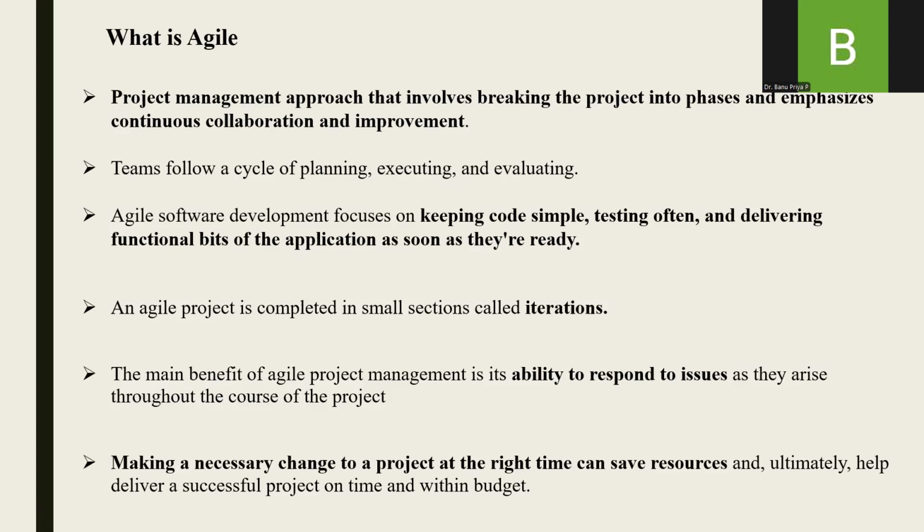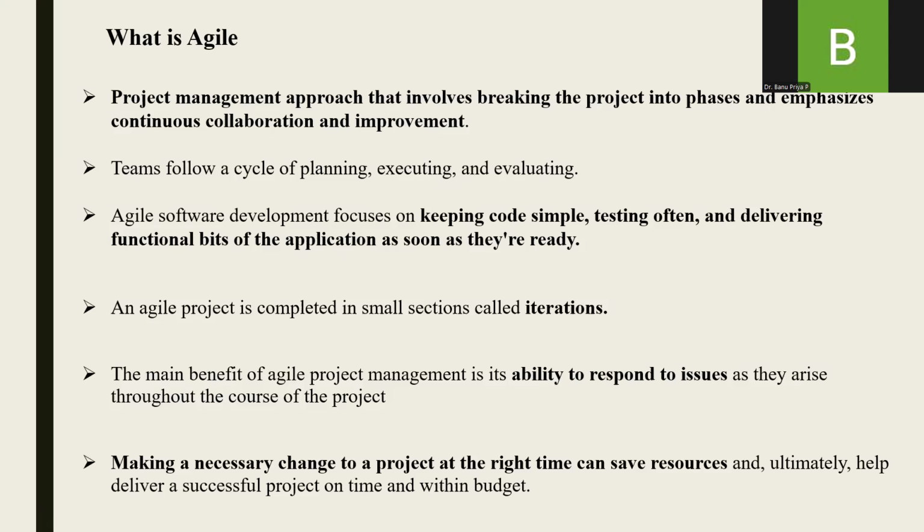Delivering the functional bits of applications under each phase. You split down your complete project into small scrums. So under each phase, you will be delivering a product. An Agile project is completed in small sections called iterations.